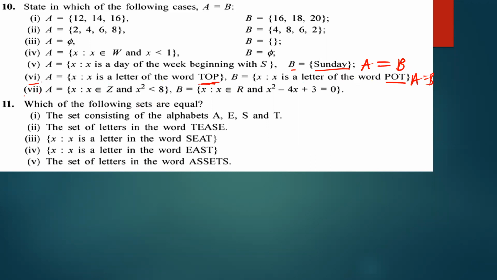The last one there, we have x such that x is a member of Z, which is the set of integers. And then for B, we have this mathematical expression, and B is equal to x such that x is a member of the real numbers, and we have this quadratic equation which has to be solved.